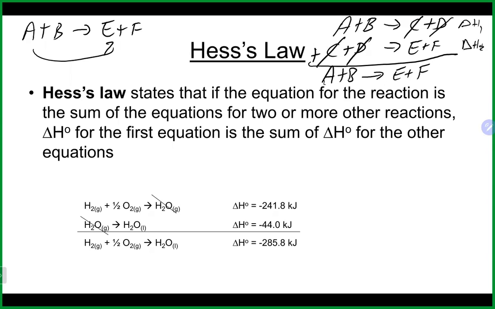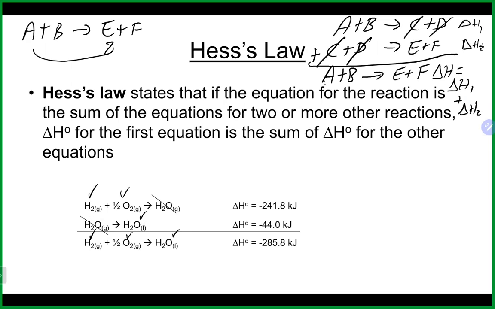Now, when you do something like this, to get the delta H for this reaction at the bottom, we just add the two delta H's together. So delta H here would equal our delta H1 plus our delta H2. So we add both of those together, and that will give us the overall energy for that reaction. So for example, if we look at the bottom, when we add this together, the waters cancel, and that leaves us H2 on the left, half of O2 on the left, and H2O on the right.